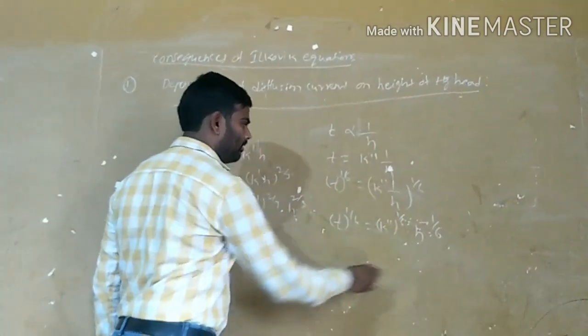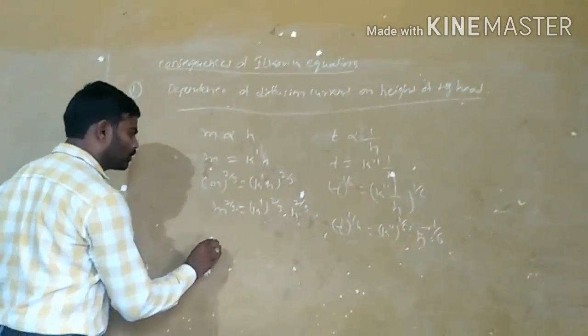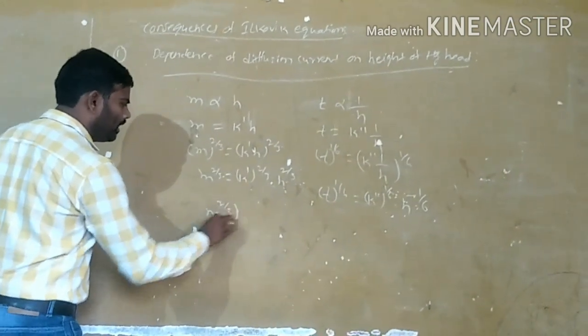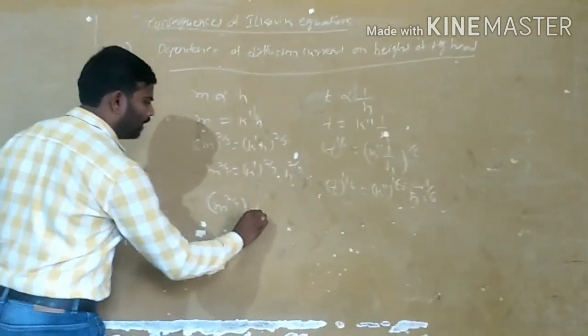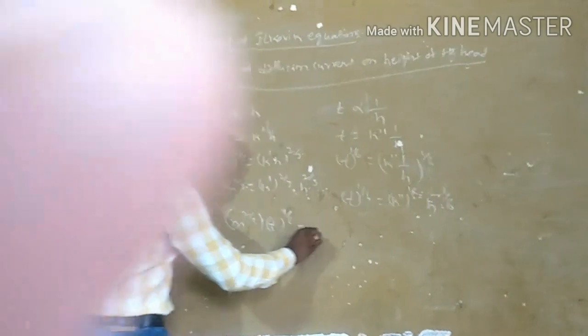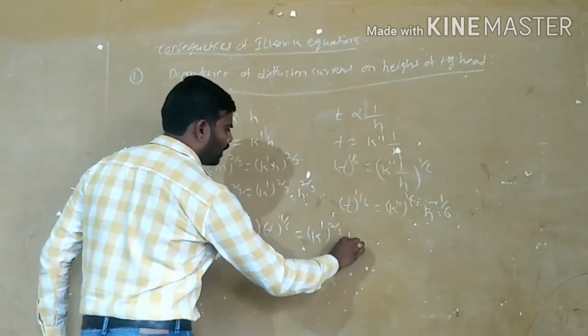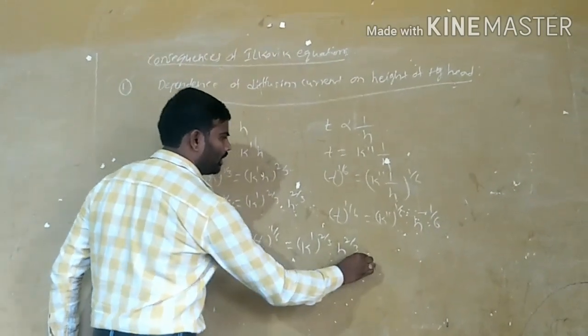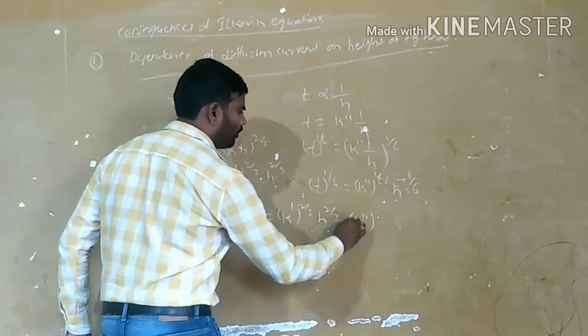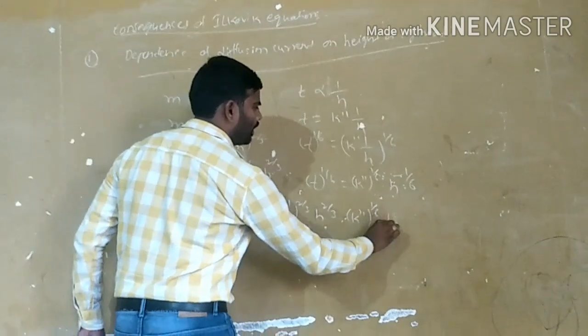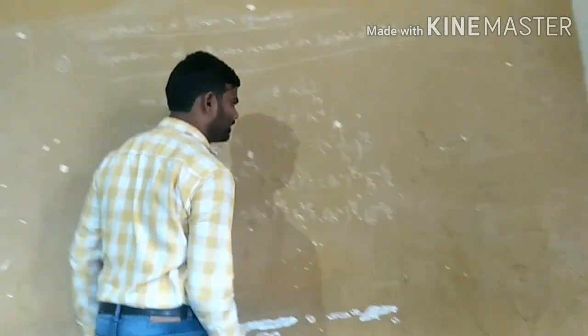Taking into numerator. From this, I am multiplying these two equations: m to the power 2 by 3 into t to the power 1 by 6 is equal to k dash of 2 by 3 into h to the power 2 by 3, and this k double dash of 1 by 6 into h to the power minus 1 by 6.